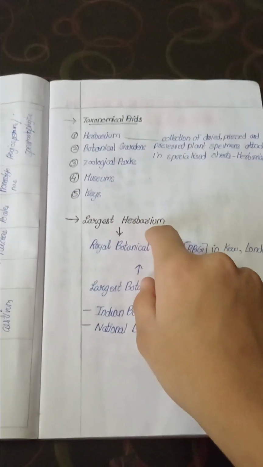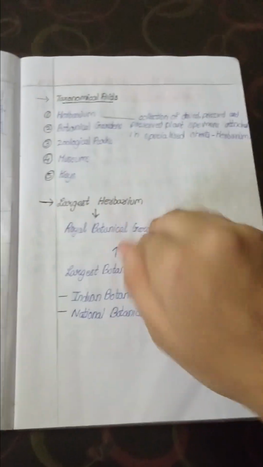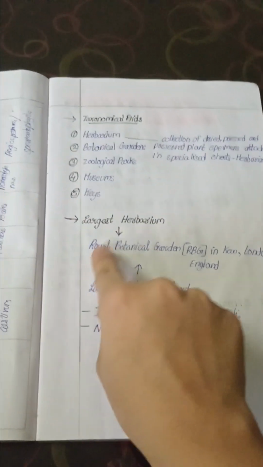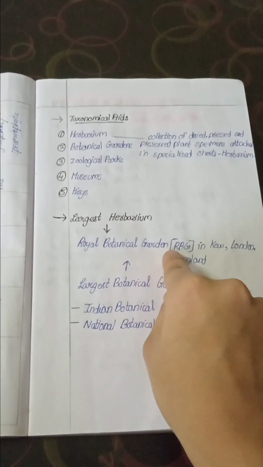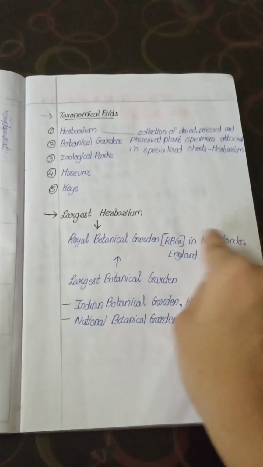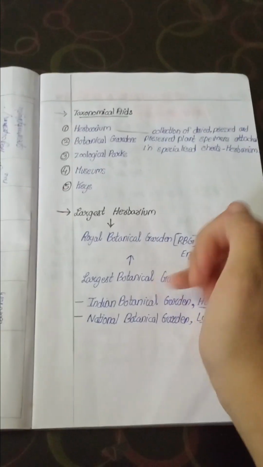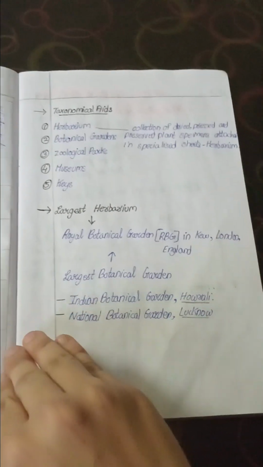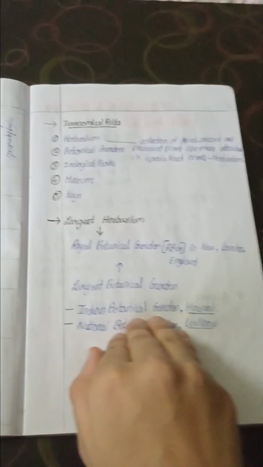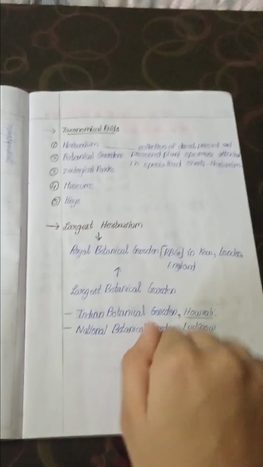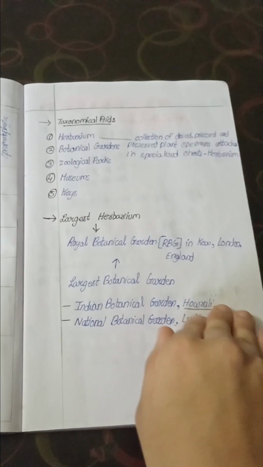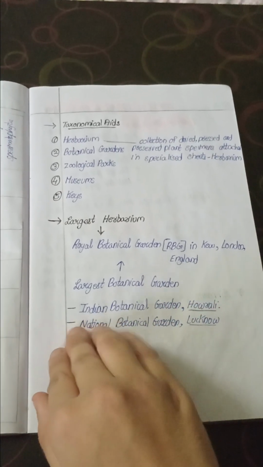The largest herbarium, this is very important. The largest herbarium is Royal Botanic Gardens, Kew, London, England. The largest botanical garden in India is the Indian Botanical Garden in Howrah. Howrah is in West Bengal.